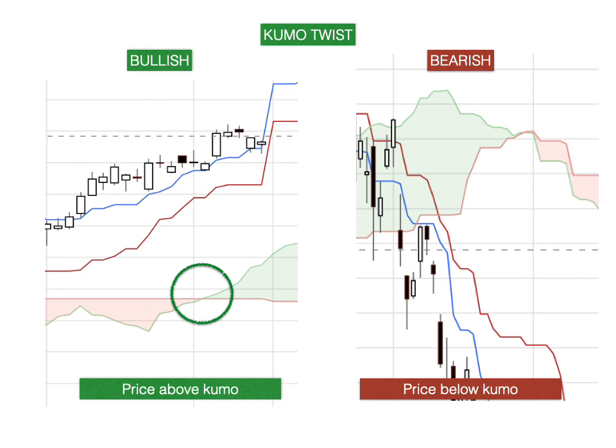Now, if there's a reversal in the location of the Senkou span A and Senkou span B, then this signifies a possible change in trend. If the Senkou B moves above the Senkou A line, the Kumo turns red, and it is a sign of a trend reversal from a bullish to a bearish trend.